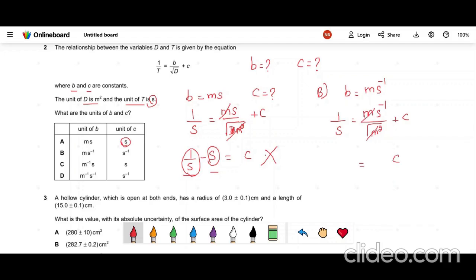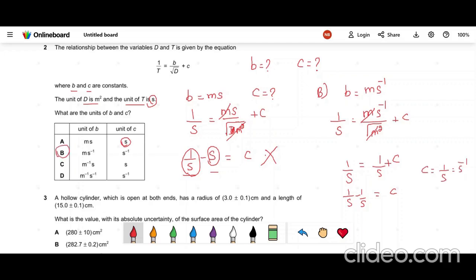So second inverse means 1 by S, here also 1 by S, and then C will be 1 by S minus 1 by S. Now we are getting the same unit for two variables for calculating C. So addition and subtraction is possible when two or more variables have the same unit. So we are having the answer 1 by S unit for C, that is, the unit for C will be 1 by S or second inverse.